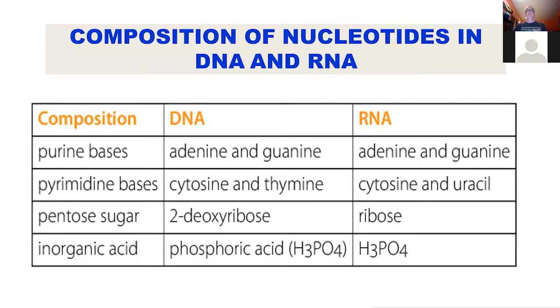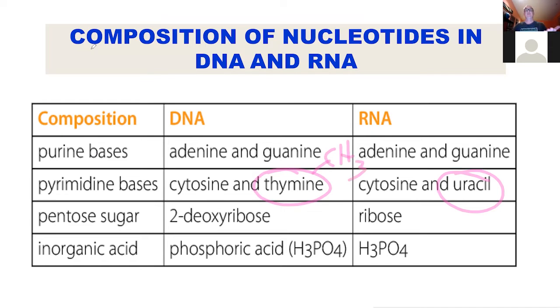So the purine bases are A and G in DNA. And the pyrimidine bases are C and T. In RNA, we don't have thymine. We have uracil. And remember, the only difference is that thymine has that methyl group on it.